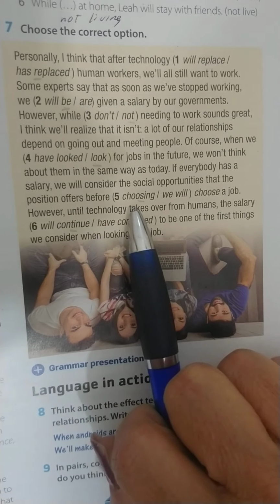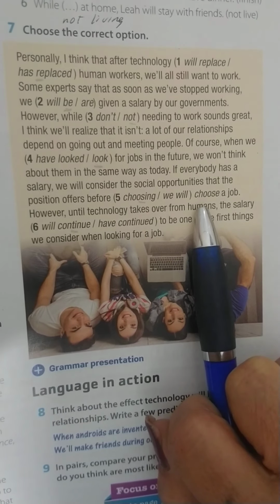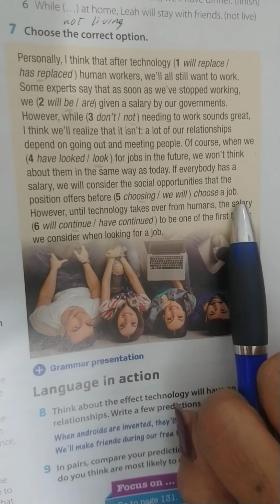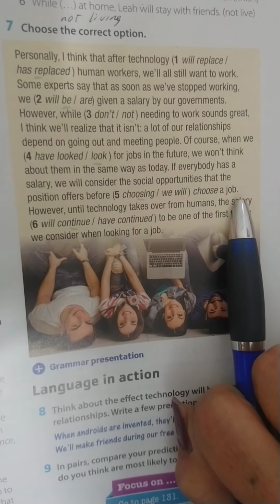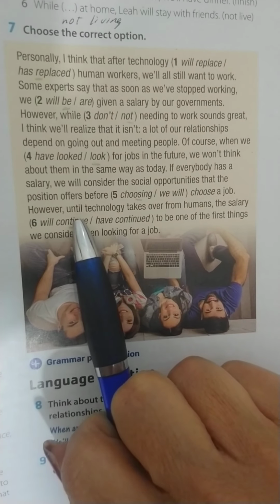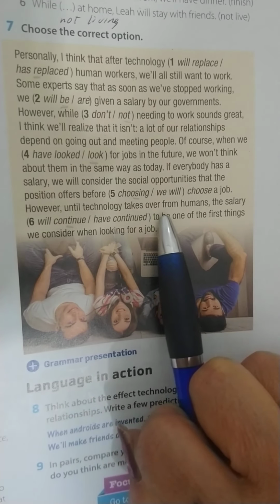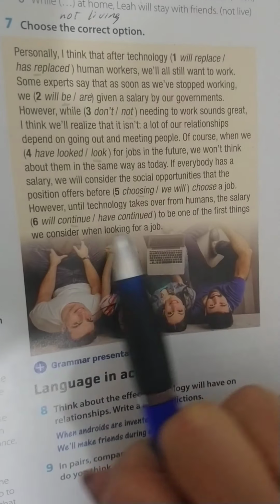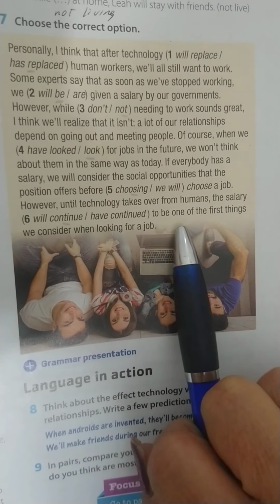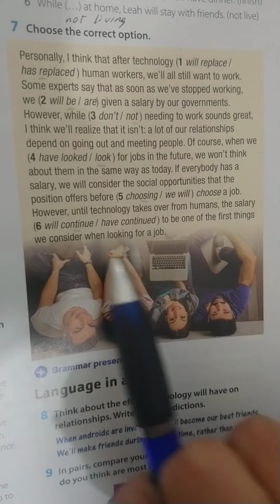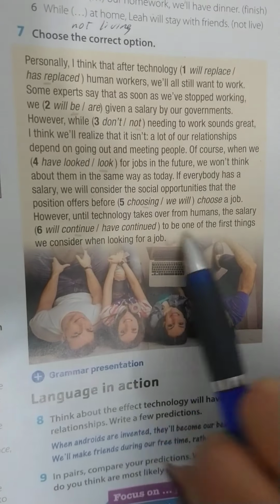You say, before choosing, choose a job. However, until technology takes over humans, the salary will continue to be one of the first things we consider when looking for a job. Okay, that's all for today.